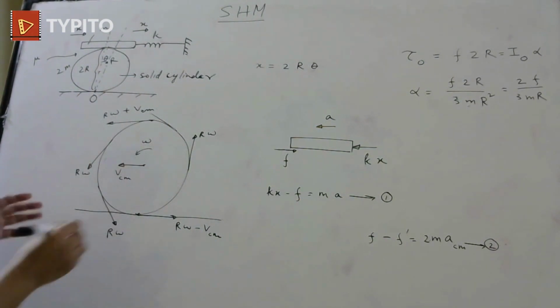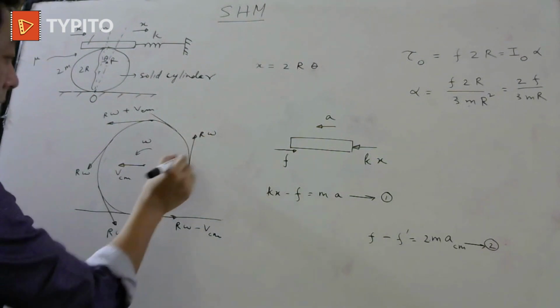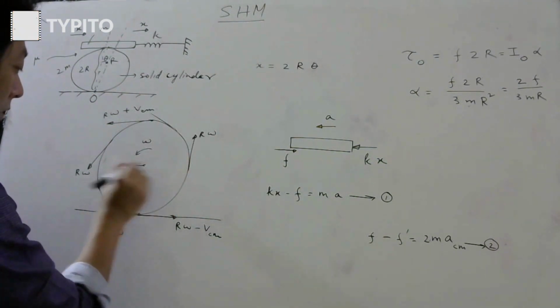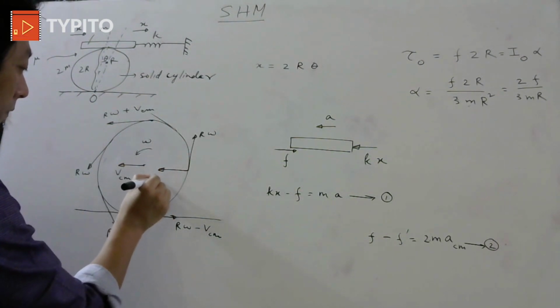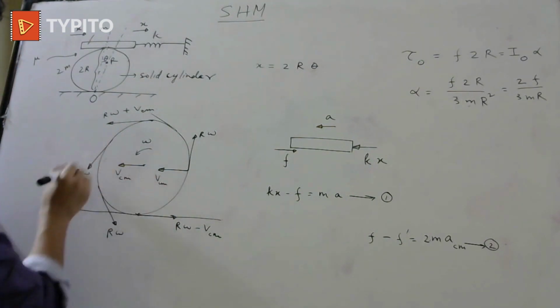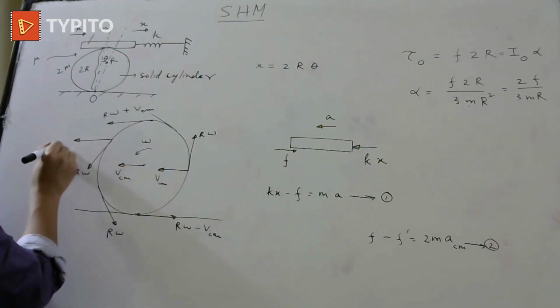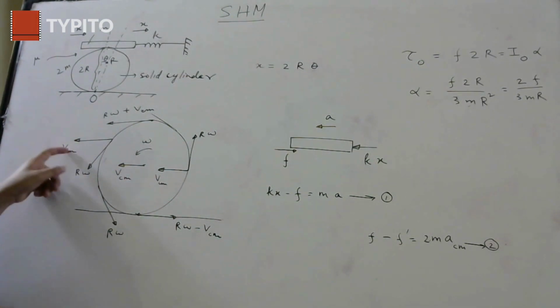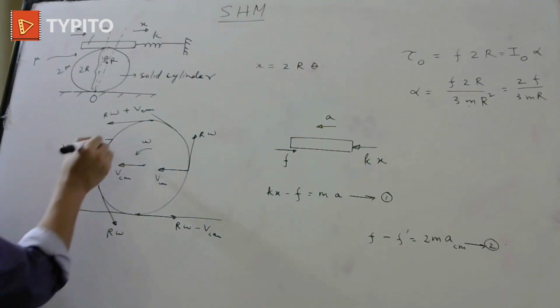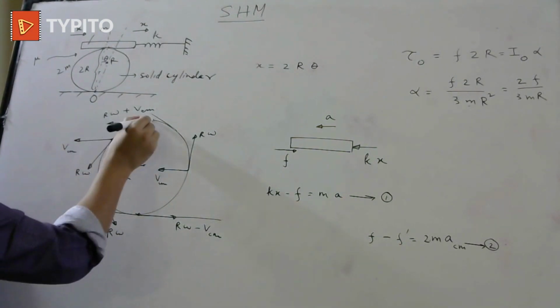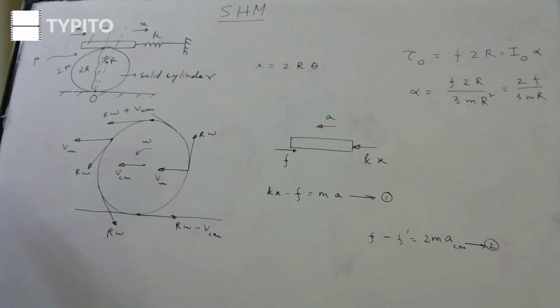So when translation occurs, with this velocity you have to add this velocity. Once you add these two velocities, that will be the velocity of any point here or here with respect to ground.